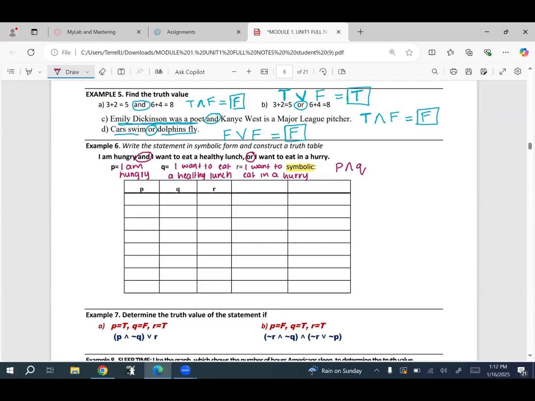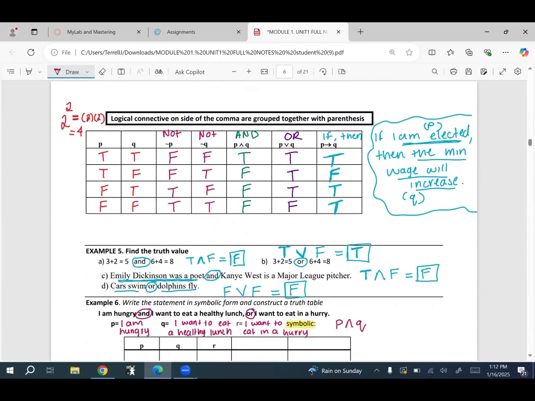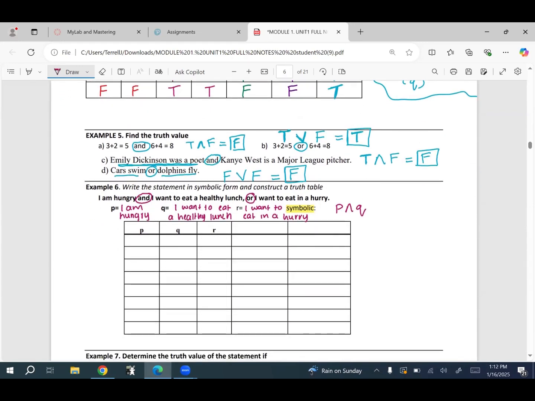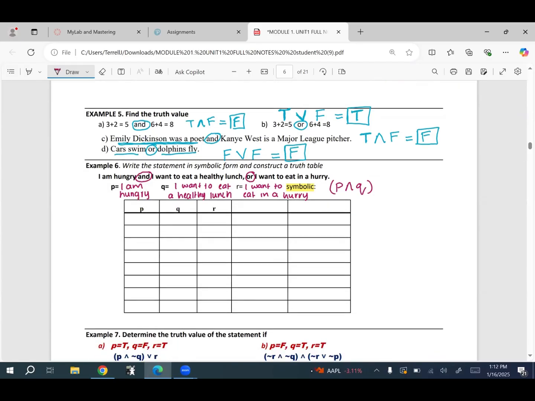And so I kind of skipped the portion where this was stated. But if there's a comma on one side, then you group it together with parentheses. So you see how the comma's here? I'm going to group this together with the parentheses. And then I'm going to follow the rest. Or is a V, right? That's the symbol. I want to eat in a hurry. We called that R. And so this is how we've translated this sentence symbolically.